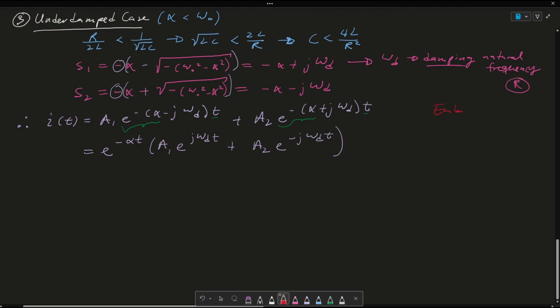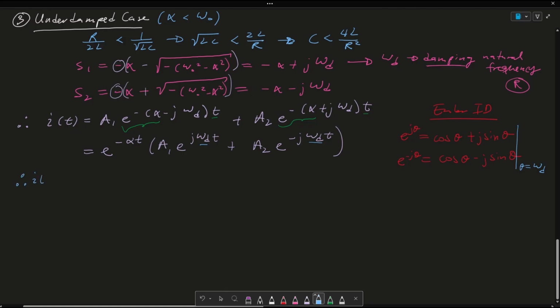I'm going to use Euler's identity and say that e to the j theta is equal to cosine theta plus j sine theta, and e to the minus j theta is equal to cosine theta minus j sine theta. In this situation, substitute theta equal to omega d.